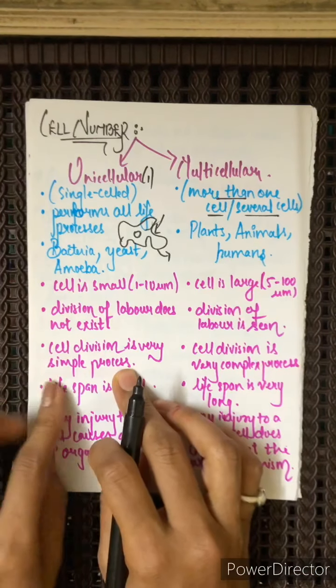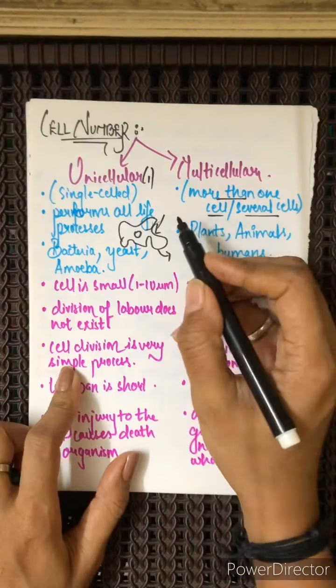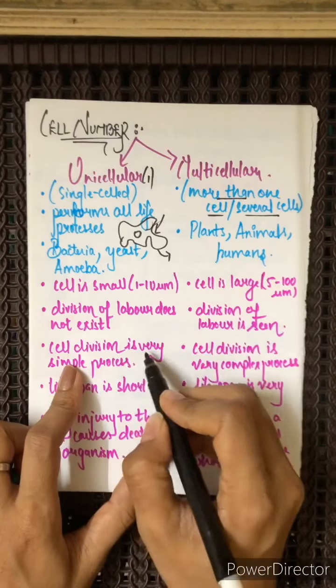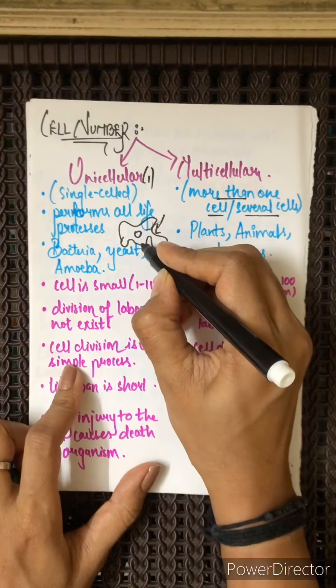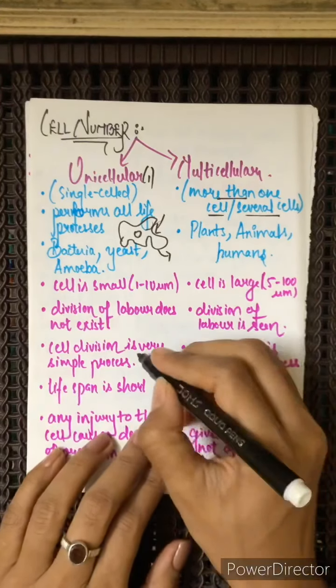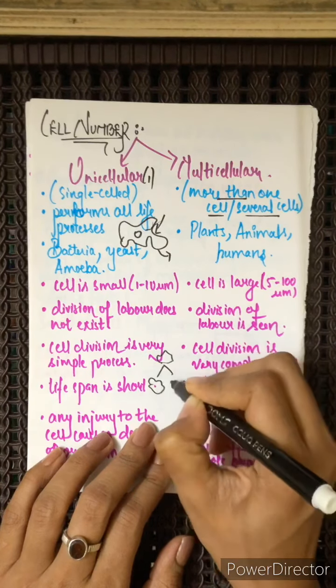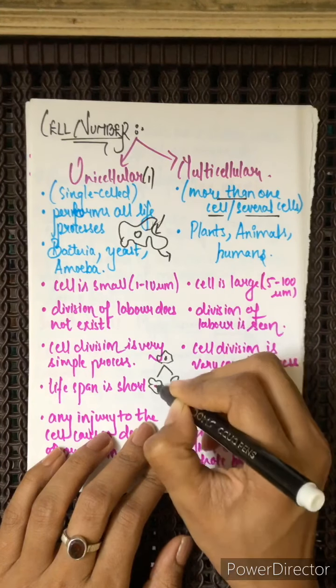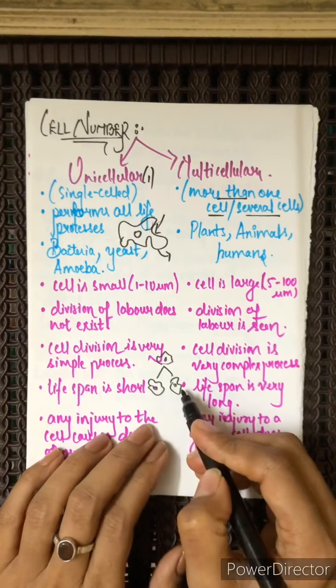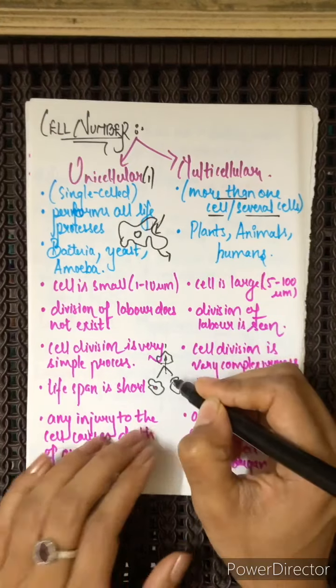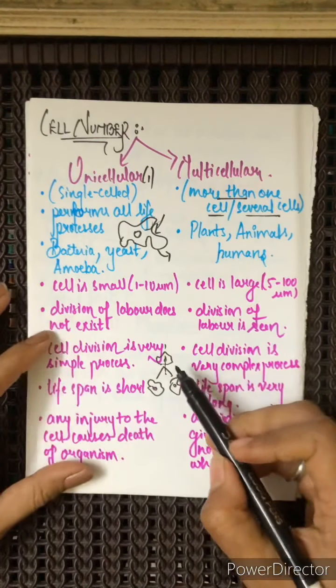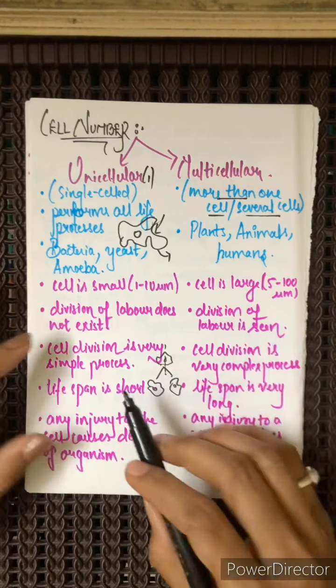Now, reproduction. When this single cell divides, it forms two different cells. That is, a single cell is going to divide and form two different cells. So the process of cell division here is also reproduction, and it is very simple.